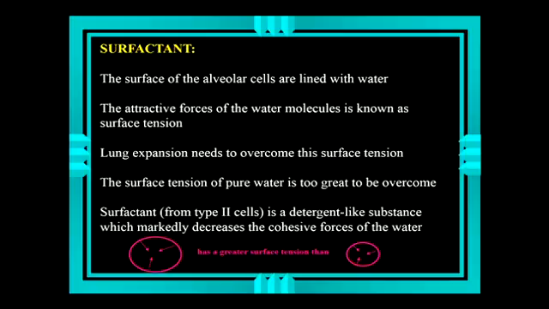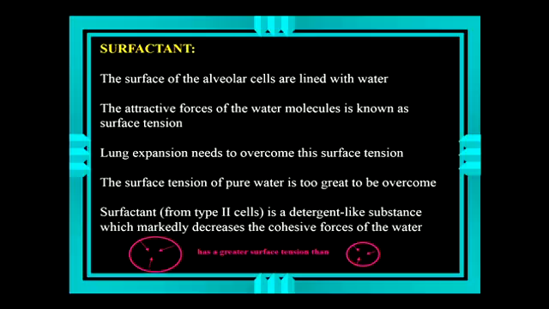So how do we get over the problem that we've created by making these alveoli moist? Well, we have cells in the alveoli that produce a chemical called surfactant. Surfactant's produced by these type 2 cells online. You'll learn about it, which is like a phospholipid or a detergent.